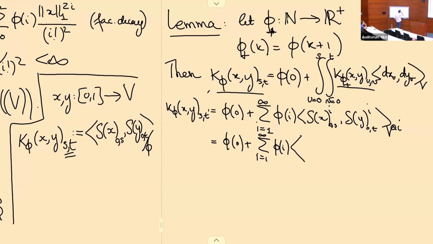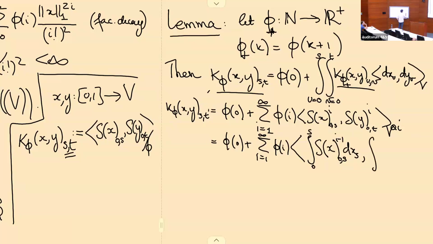The ith level of the signature can be re-expressed as the integral between 0 and s of the i minus first level of the signature between 0 and s, dxs.